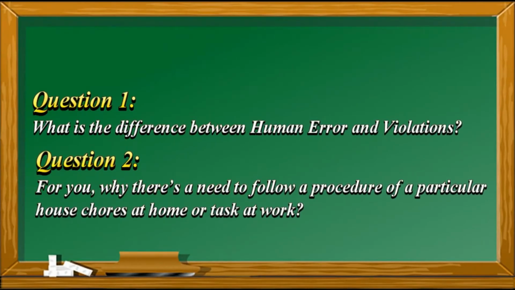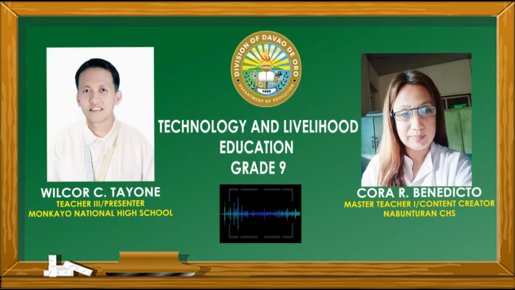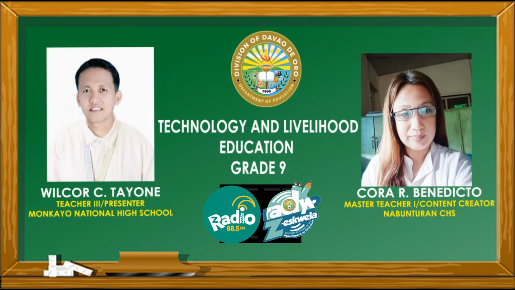For you, why is there a need to follow a procedure of a particular house chore at home or task at work? I will give you 3 minutes to finalize and review your answer.